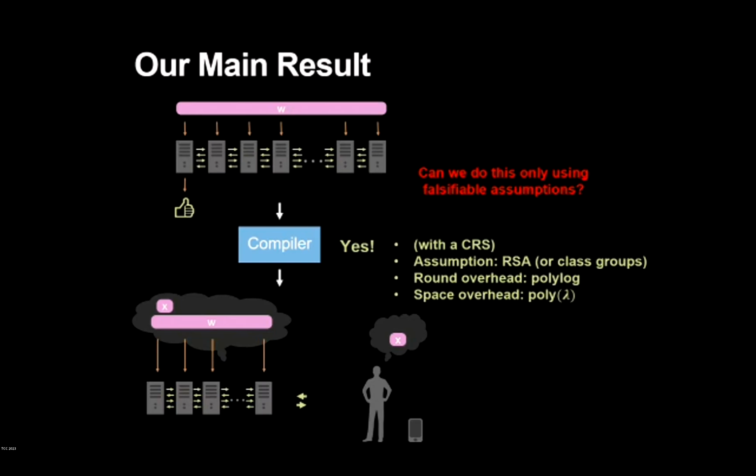In particular, we give a compiler where you can prove security using standard falsifiable assumptions, namely, for instance, RSA. And it has a reasonable blow-up. The round blow-up with respect to the original, insecure verification algorithm is polylogarithmic, and the space overhead is polynomial.